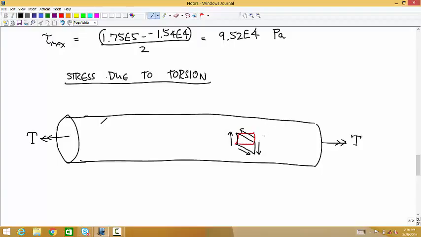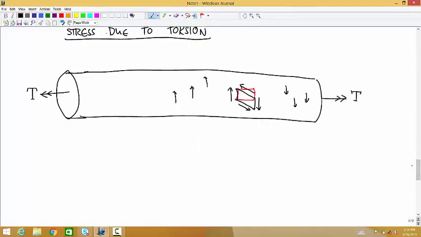On this side, points are doing this. On this side, points are doing this. And so that's the deformation you get. And then if you just think about what it takes to make a stress element do this, you see that the stress is in the XY direction.